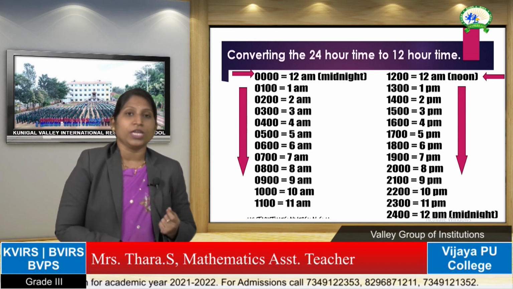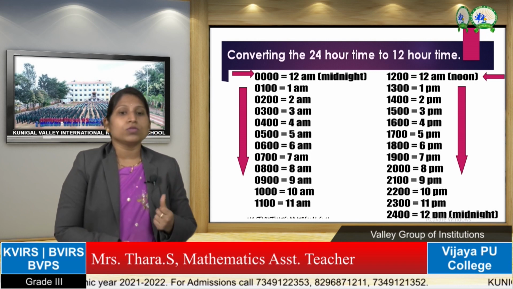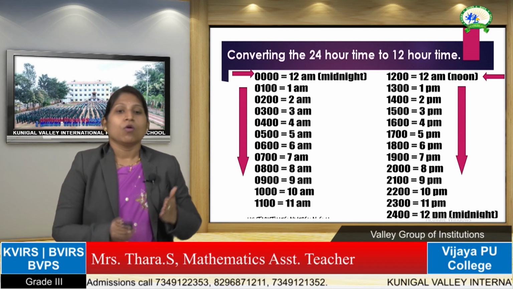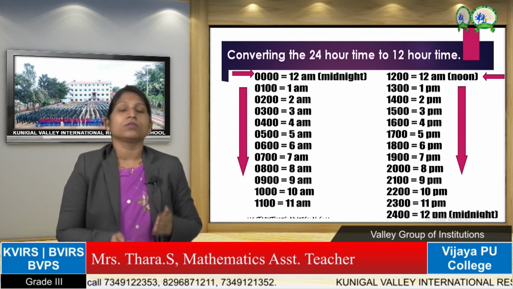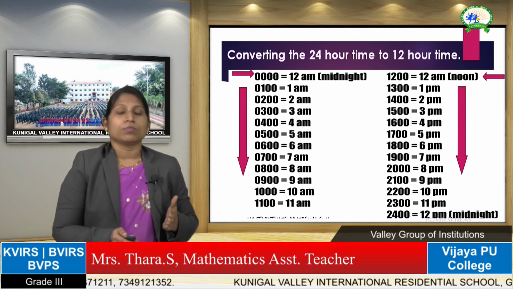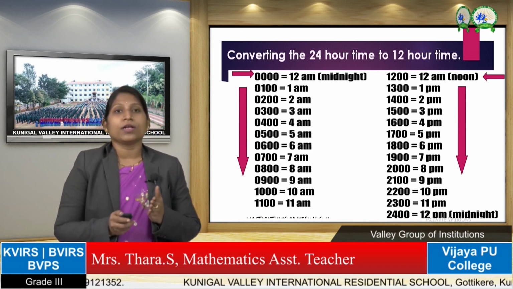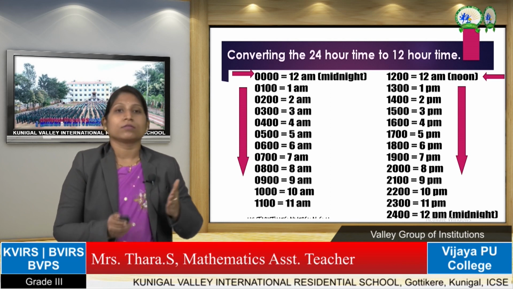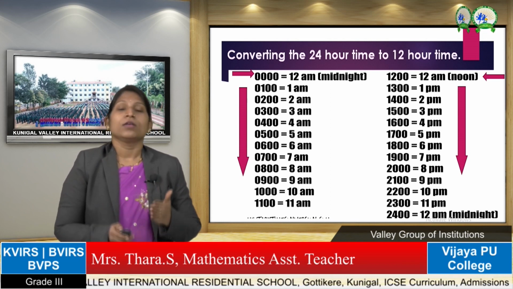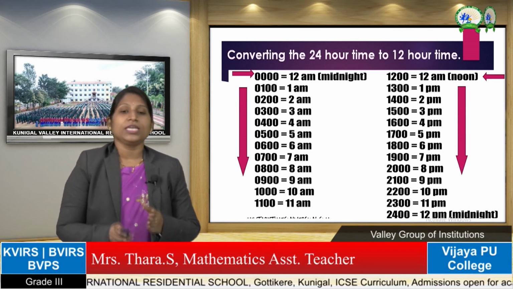Okay, then 1500. So 1500 hours means you have to subtract 1200. If you subtract 1200 from 1500, it will come 3 PM.